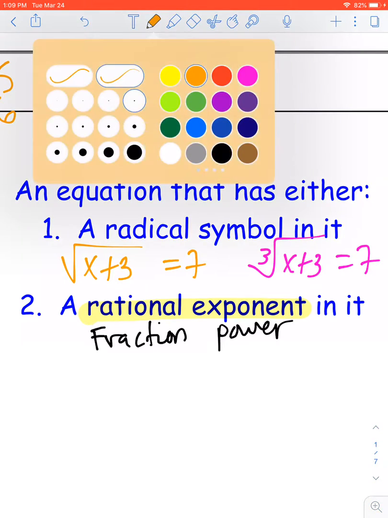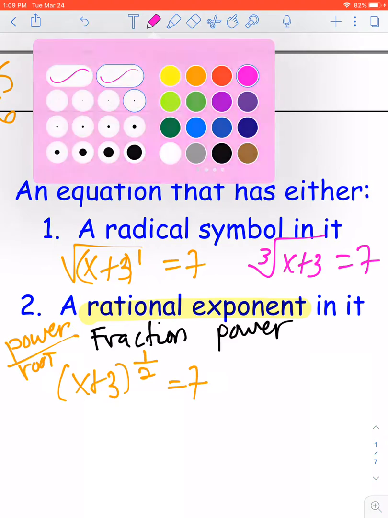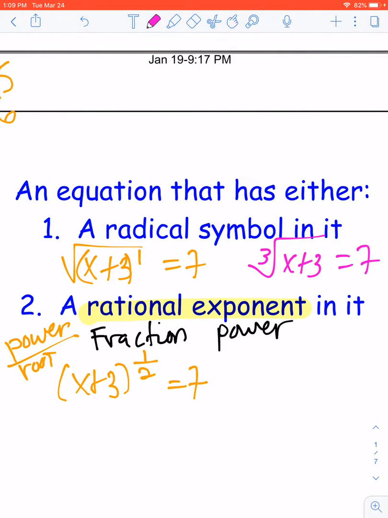So I can rewrite the square root of x plus 3 equals 7 by writing it as x plus 3 to the first power over 2, which is the root. I can write what I have written in pink as x plus 3 to the first over 3 equals 7.